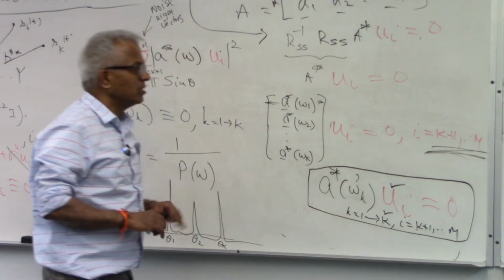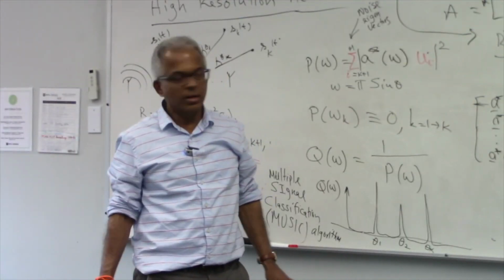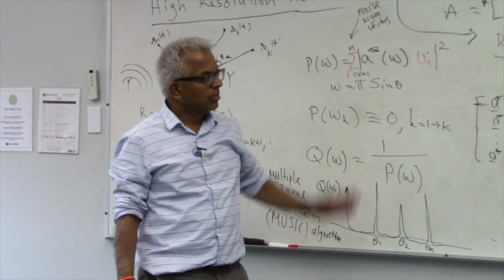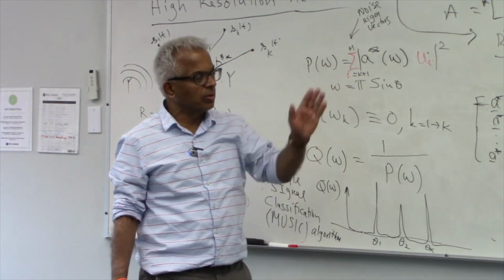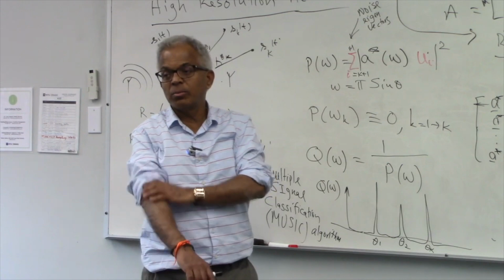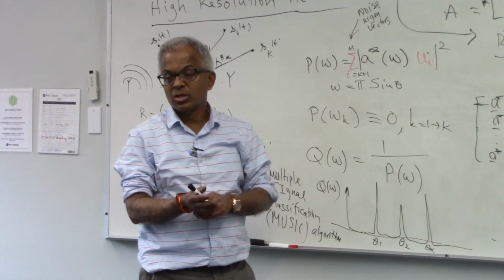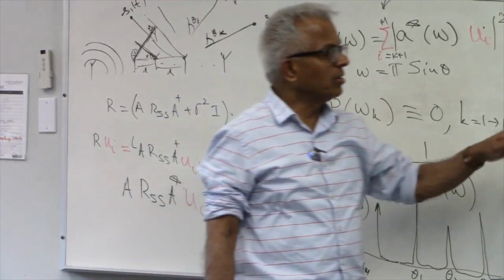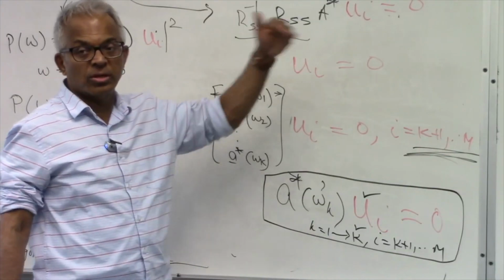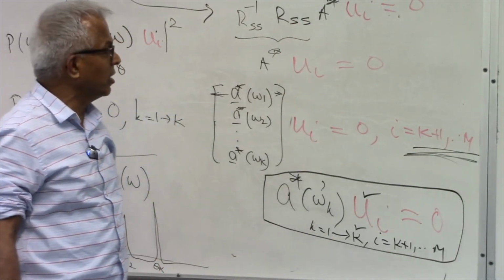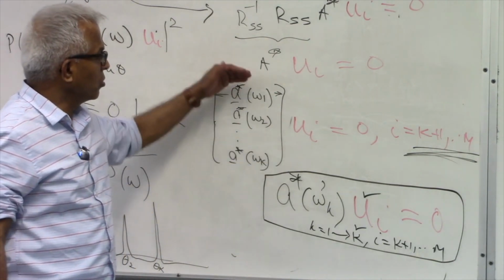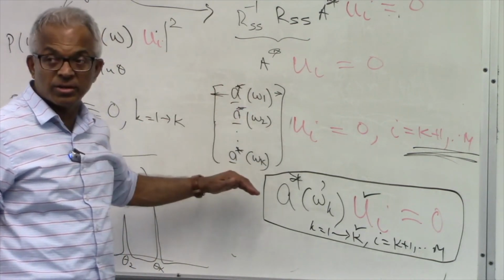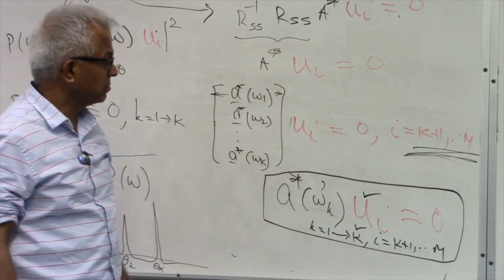So to summarize, if the signals are partially correlated or completely uncorrelated, then the eigenvalues will be equal beyond the number of sources. So k you can determine from the eigenvalue plot. And then the eigenvectors corresponding to the sigma squared, the noise eigenvalues, are orthogonal to the direction vectors. That's the key property.